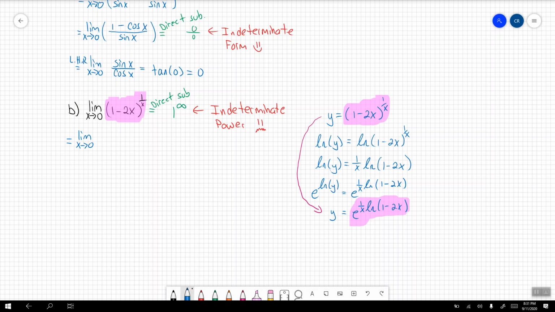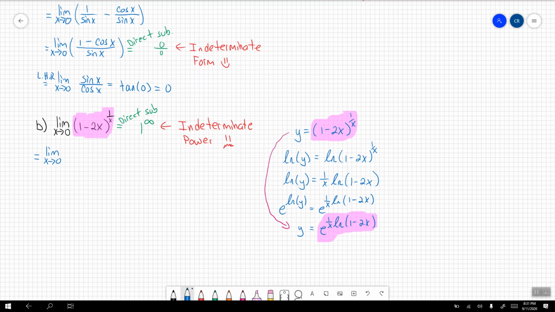Which then leads me to what I was saying on the left-hand side of your screen: instead of writing 1 minus 2x to the power of 1 over x, I want to write e to the power of 1 over x multiplied by the natural log of 1 minus 2x. And again, these two functions are equivalent.